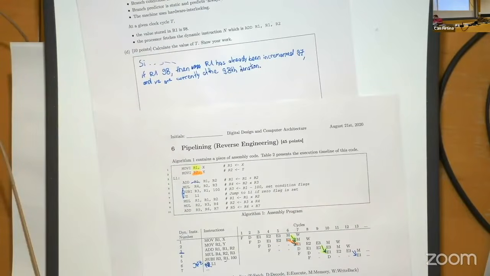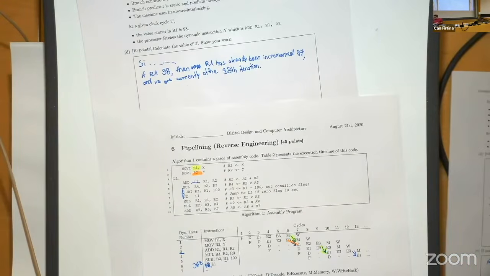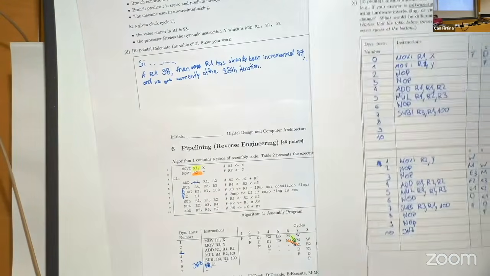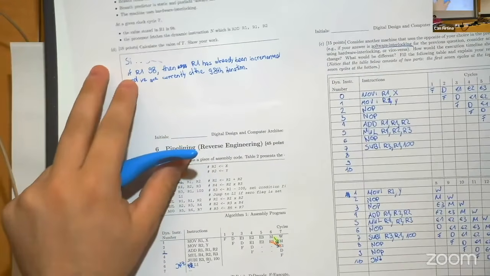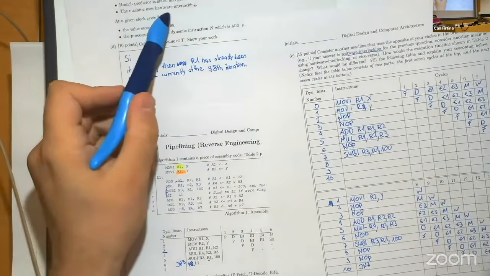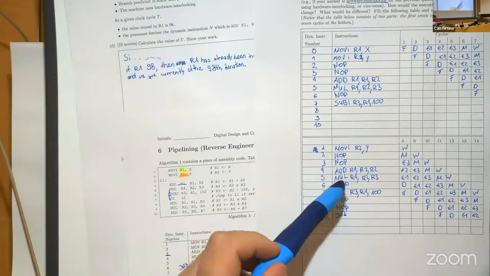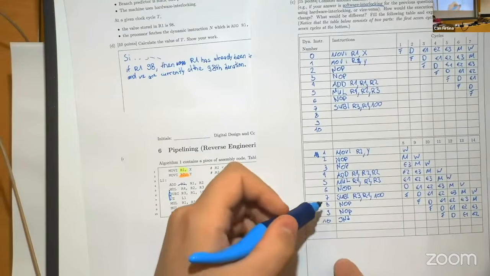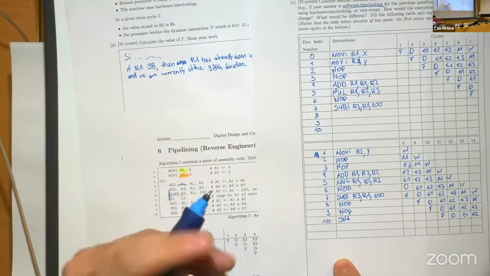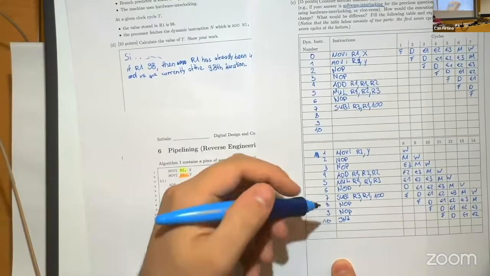Now we take this information and we have to calculate cycles. Fortunately, we already have this table over here, which makes the cycle count much easier. Although this machine uses hardware interlocking, we get the equivalent cycle counts with software interlocking. So we can really easily check how many cycles a certain range of code takes.